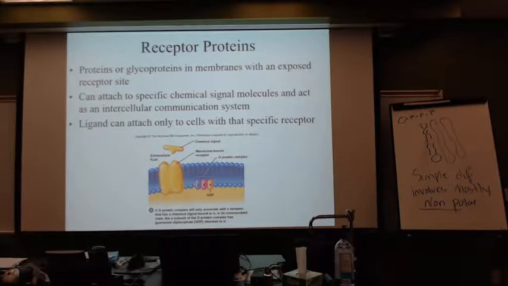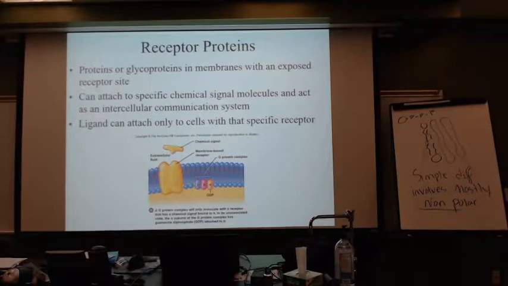What do you notice about the structure of that protein and that particular molecule that's trying to get to it? Whitney? It doesn't have a channel through the middle. It doesn't have a channel through the protein.